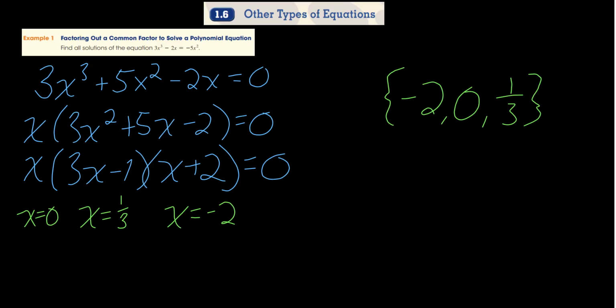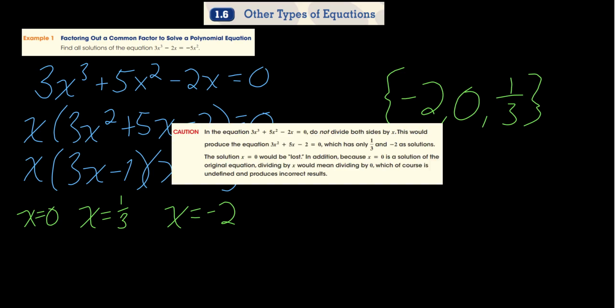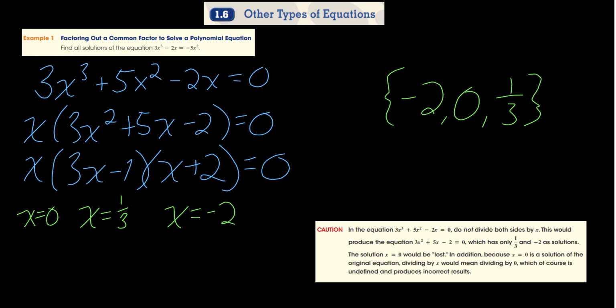Alright, so caution: do not divide both sides by x. Because we have an x on everything, it's tempting to divide both sides by x. This would produce an equation which only has 1/3 and negative 2 as solutions. We know that 0 is a solution of the original equation.